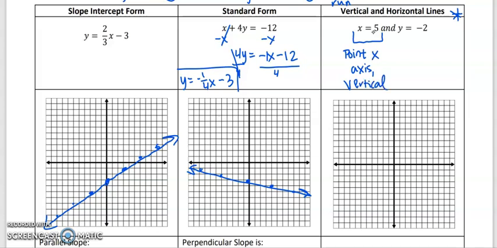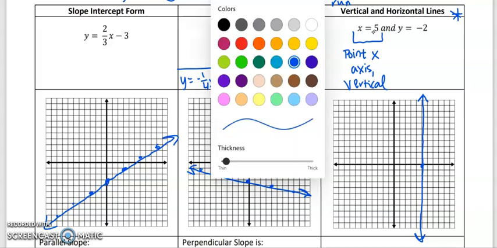So x equals 5. It's no longer y equals mx plus b. We go to the x-axis and go to positive 5. 1, 2, 3, 4, 5 right there. And then we draw a vertical line, like so. That's x equals 5.